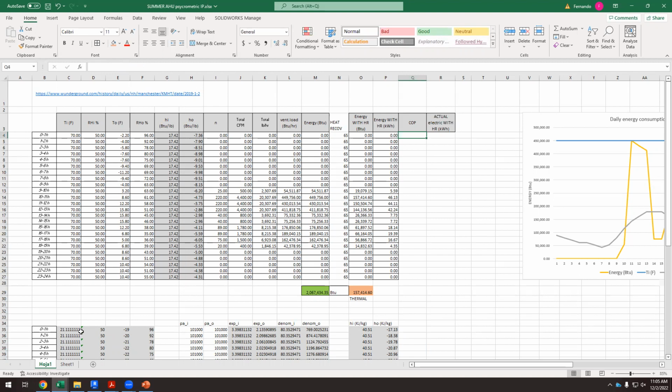COP, and again, this is the most important concept that we have to understand in this course. COP is always thermal divided by electricity.